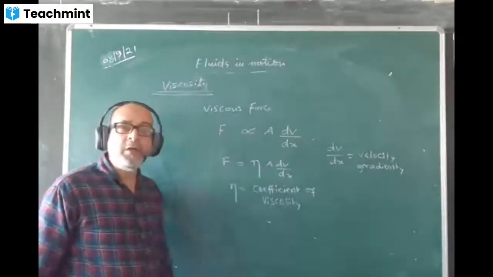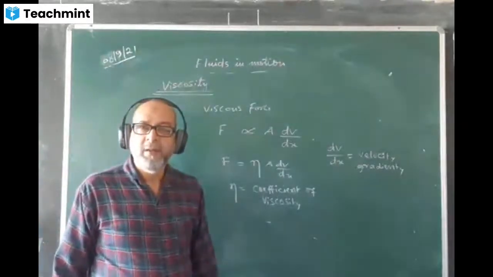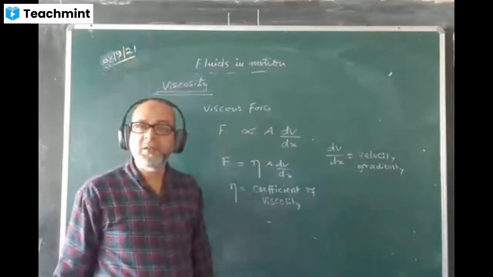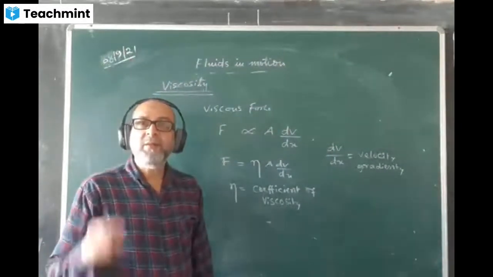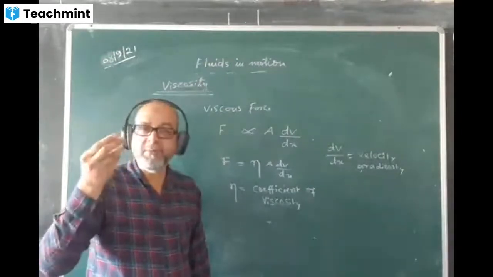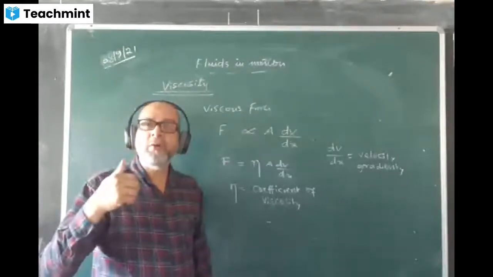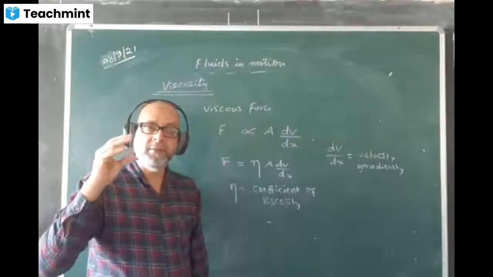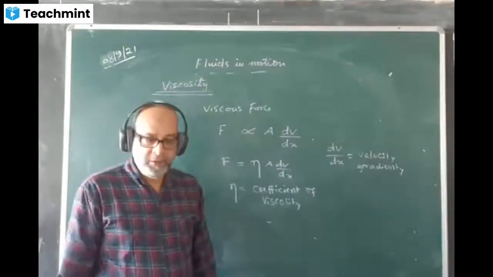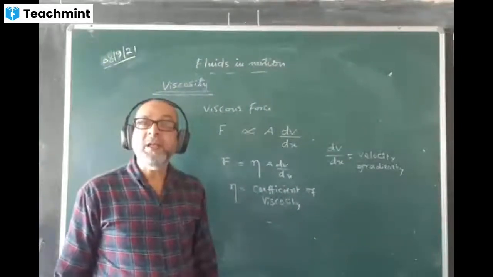If I talk about water and any kind of oil, when you put it like this, water will go a longer distance. But if you take some oil, maybe glycerin, maybe mercury, any sticky type of liquid, like mobil oil, when you put it on the floor, it won't go that far, because they are more viscous.